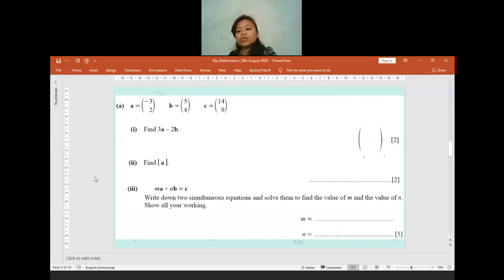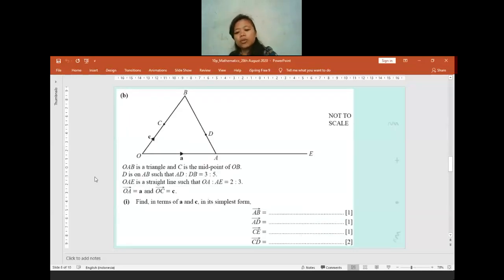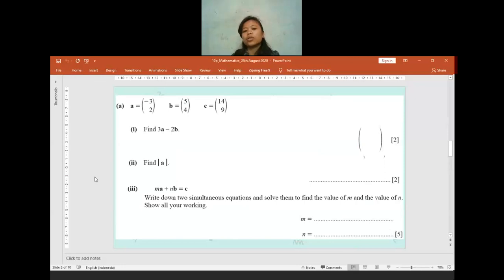Question A in total will have 7 or 9 marks, and B in total will have 5 marks. That's why I really want all of you to pay attention. If you have any question, please try to do it by yourself first. At least you will know what kind of question to expect in the IGCSE test, because you will be having it next semester.